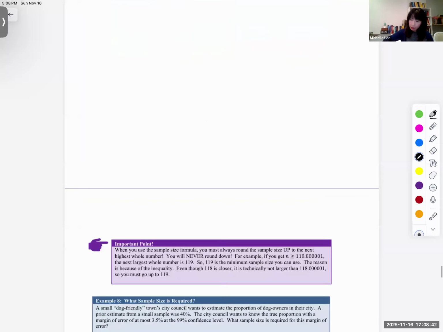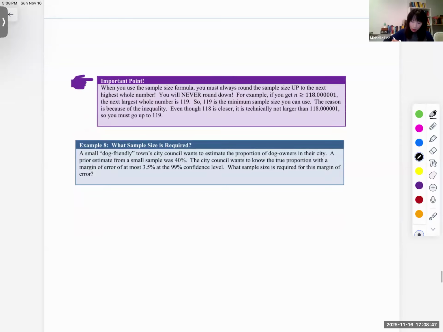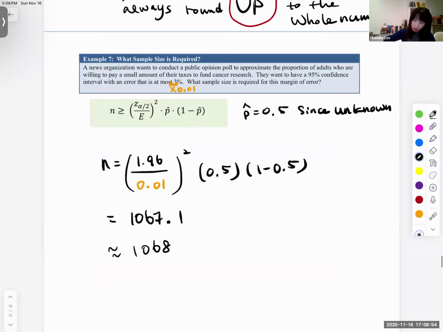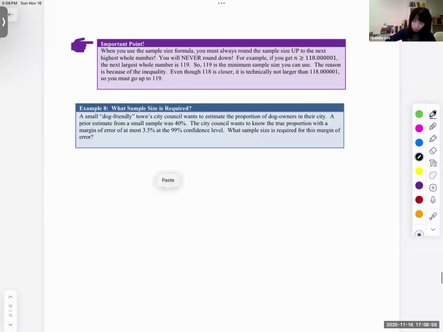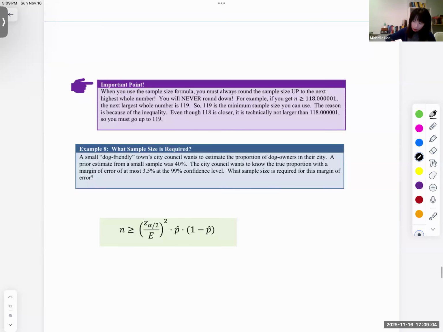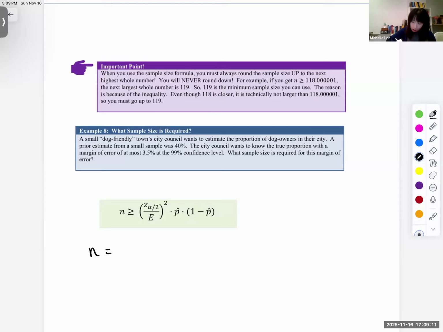We have one more question before going to StatCrunch. So let me copy this one. Okay, so n equals, what's the z critical value when 99%?